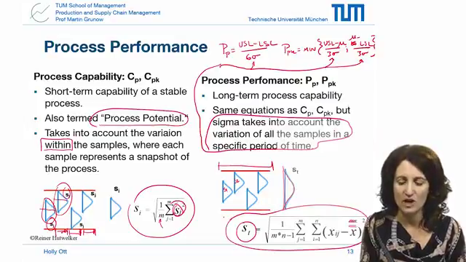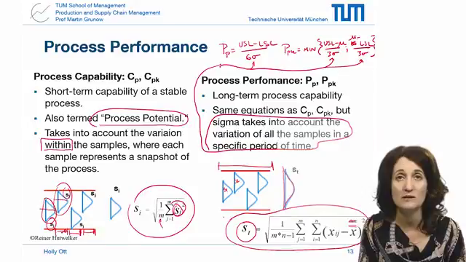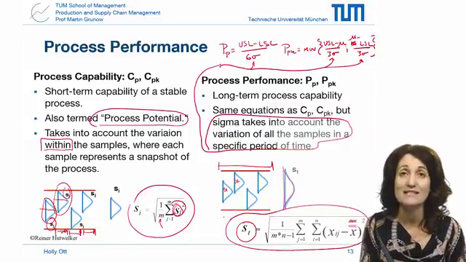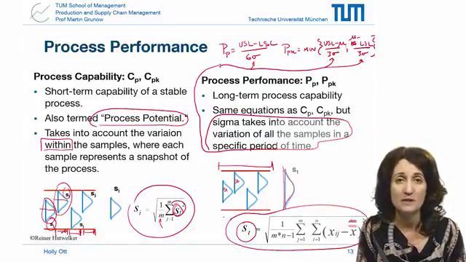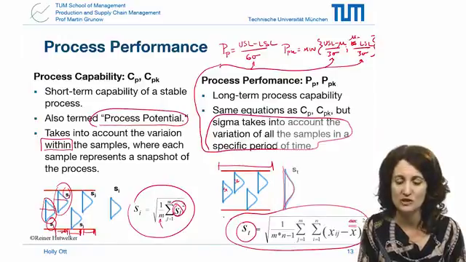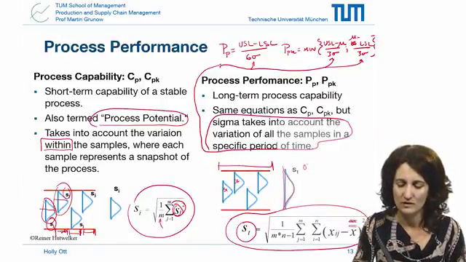You've done that already. What we're asking you is to understand the difference between the PP and PPK process performance measures and the CP and CPK process capability measurements. The PP and PPK measurements use the overall standard deviation over a period of time.